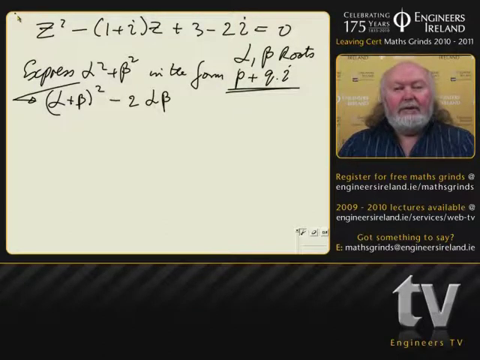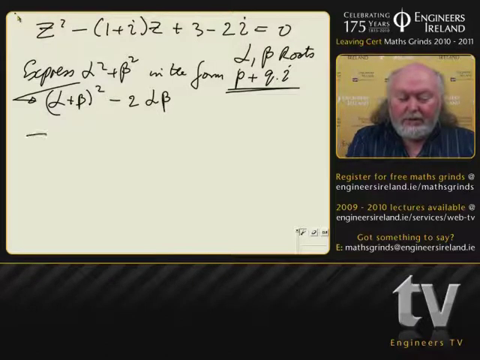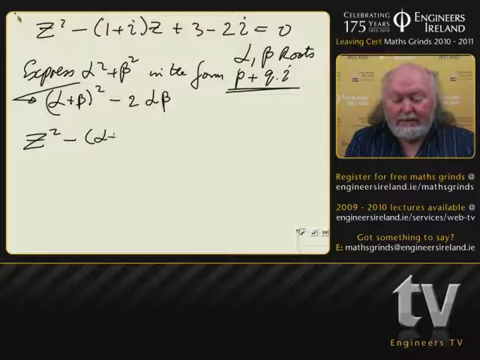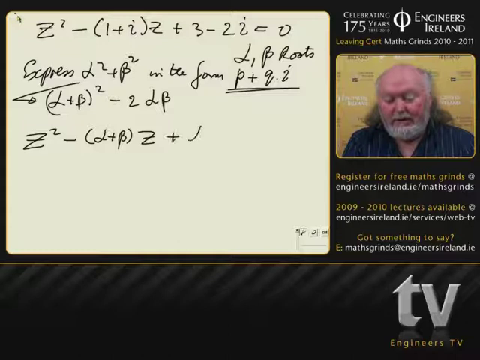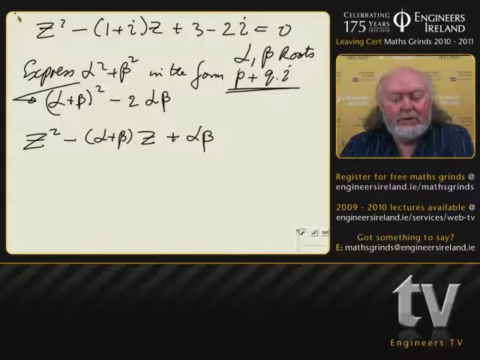And obviously what we're basically looking at is z squared minus alpha plus beta z, plus alpha beta. Same setup, only we're saying z now instead of x.